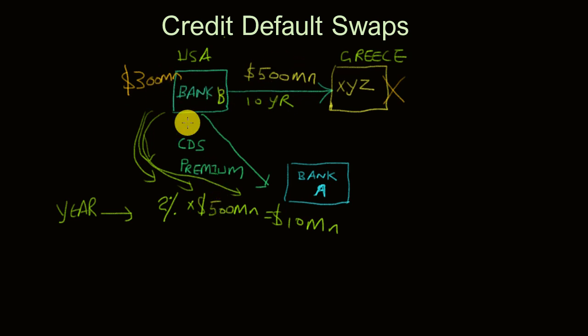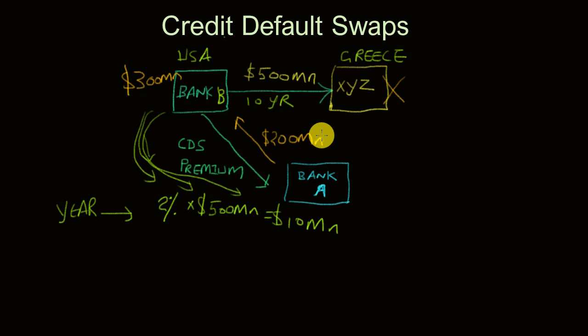Now, what will happen is, in this case, since Bank B has already entered into a credit default swap with Bank A, Bank A would pay the difference. So Bank A would pay Bank B that 200 million that Bank B could not recover.